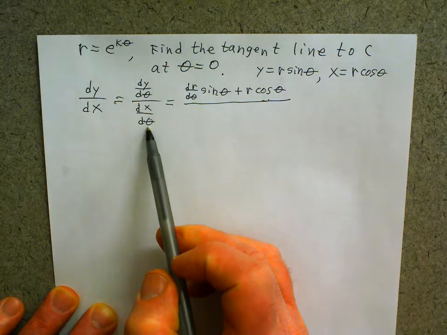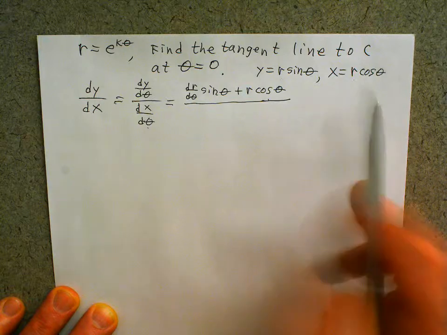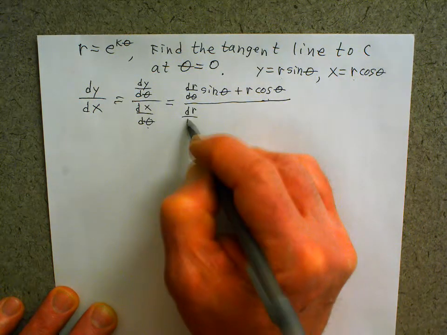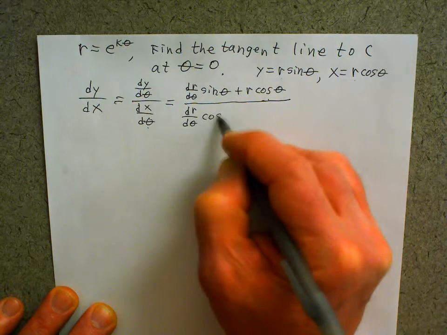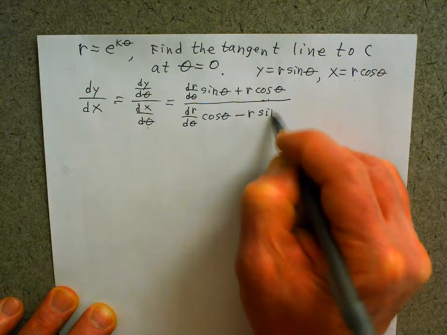And the denominator, dx d theta, so r is a function of theta, so we use the product rule again, so we get dr d theta times cosine of theta, and then minus r times sine of theta.